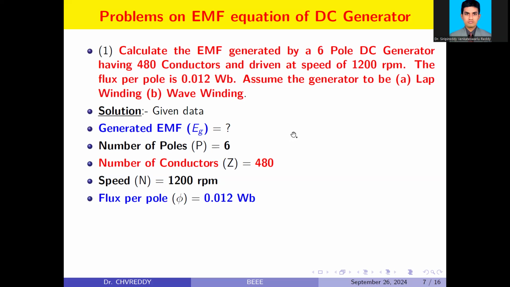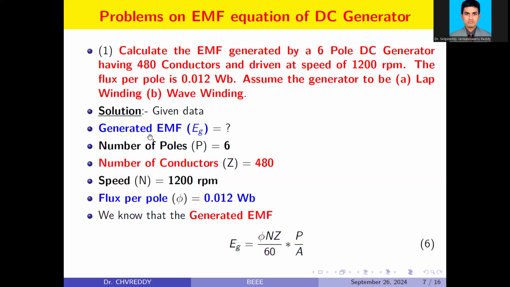We know that the generated EMF is equal to phi N Z by 60 into P by A. They are giving two conditions: assume the generator to be lap winding, that is the first condition, for which we need to calculate the generated EMF, and the second, to calculate the generated EMF for the wave winding.